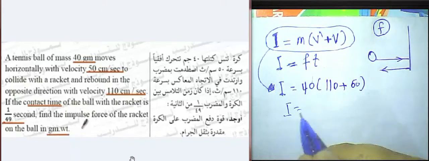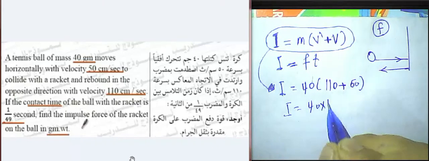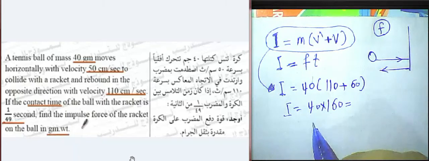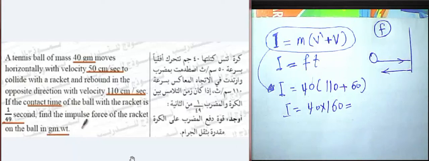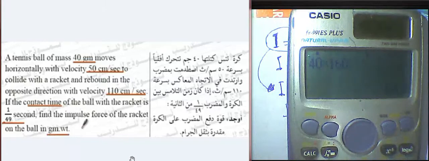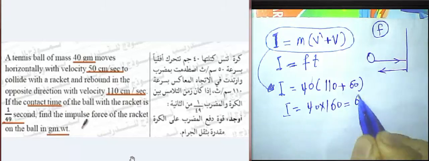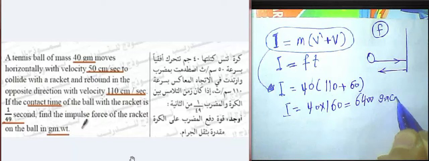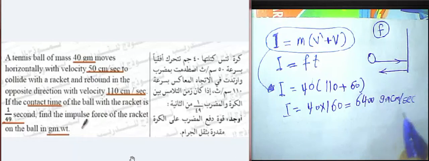Then I equal 40 multiplied by 160. You can find the result by using a calculator. 40 multiplied by 160, the result will be 6,400 gram centimeter per second, okay.